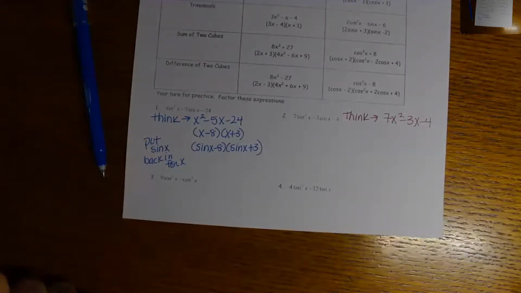You can either group or you can guess and check. If any of you want help moving from grouping to guess and check, I'll work on some of those with you at the end. I won't make everybody do those. Not everybody likes that. Guess and check goes really fast, but you have to be really good with your arithmetic.